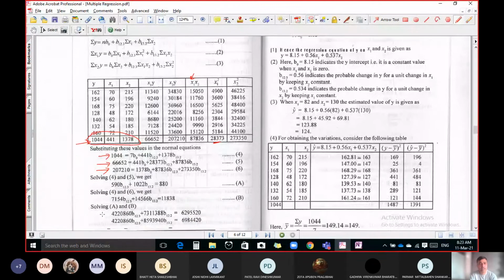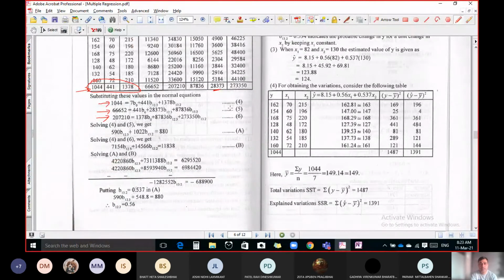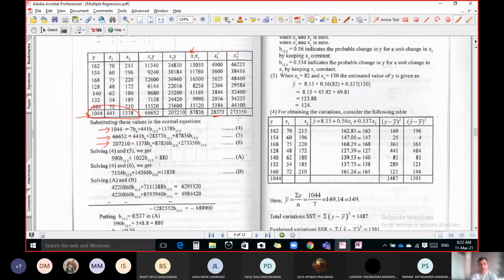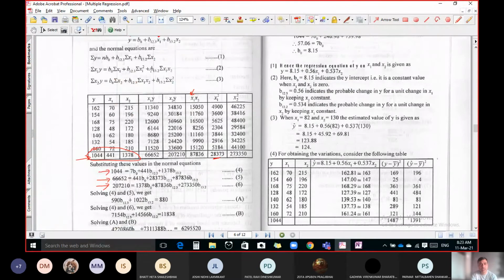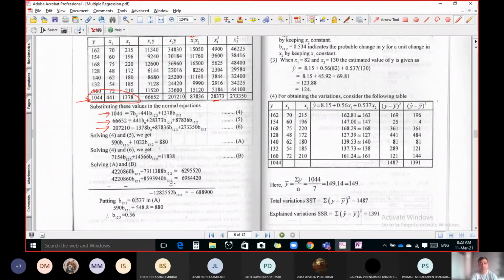Once we have equations 1, 2, 3, here they are 4, 5 and 6. You can write 4, 5, 6 because 1, 2, 3 is this one in terms of symbols, and now this is in terms of numbers. So we have three equations. Solve equations 4 and 5, we get one equation. Solve equations 4 and 6, we get another equation.